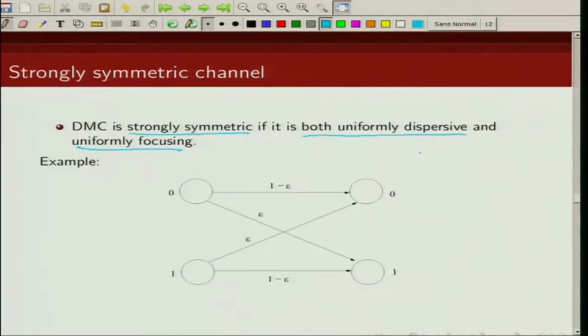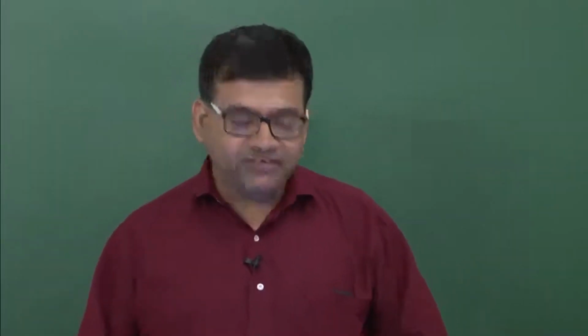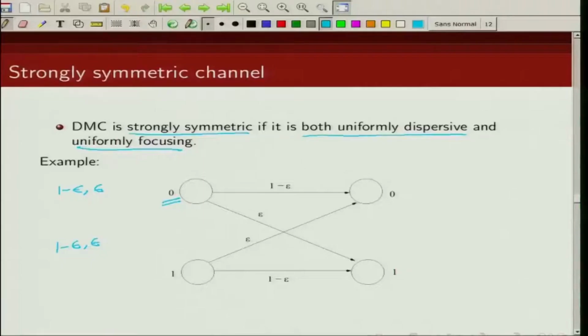For it to be uniformly dispersive, we have to look at transitions leaving an input. What are these transition probabilities? This is 1 minus epsilon and epsilon. Similarly here, the transition probabilities are 1 minus epsilon and epsilon. Epsilon is typically a smaller number. If I arrange them in descending order, no matter whether I consider input 0 or 1, the order of these probabilities is the same.